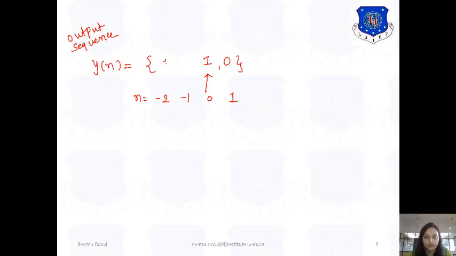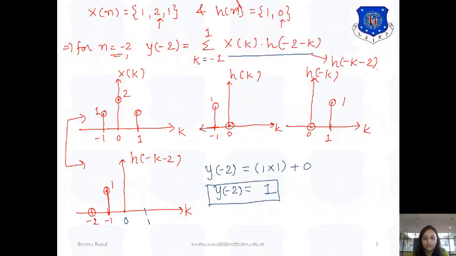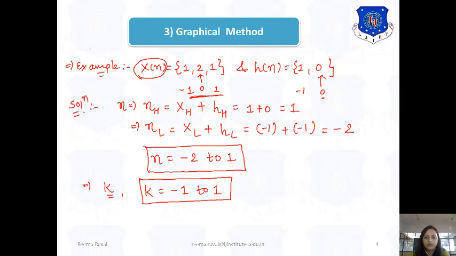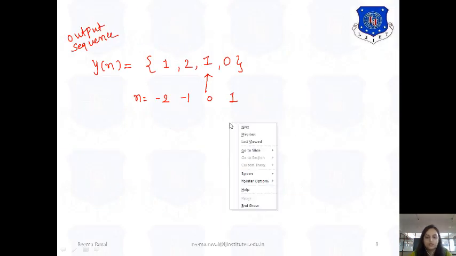So at instant -1 the value was 2, at instant -2 the value was 1. So we have obtained the values for the instants -2 to 1, that means 4 instances, -2, -1, 0 and 1. Okay, so this is what our output sequence is using the graphical method.